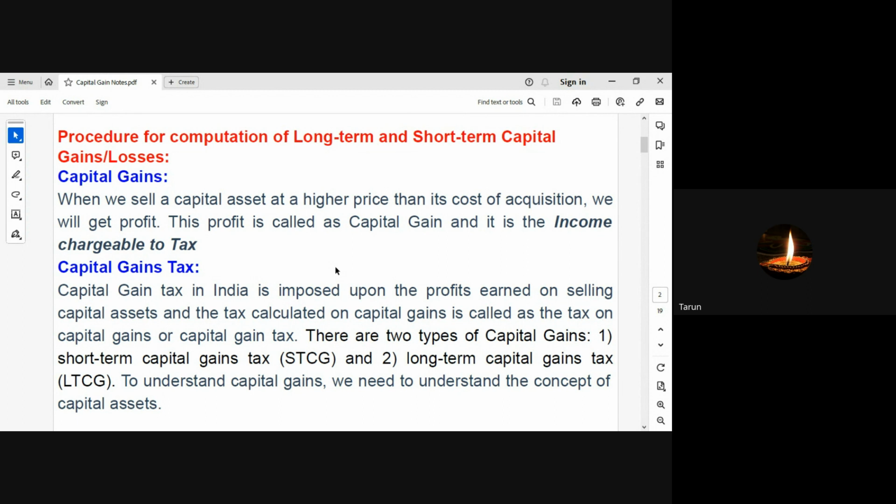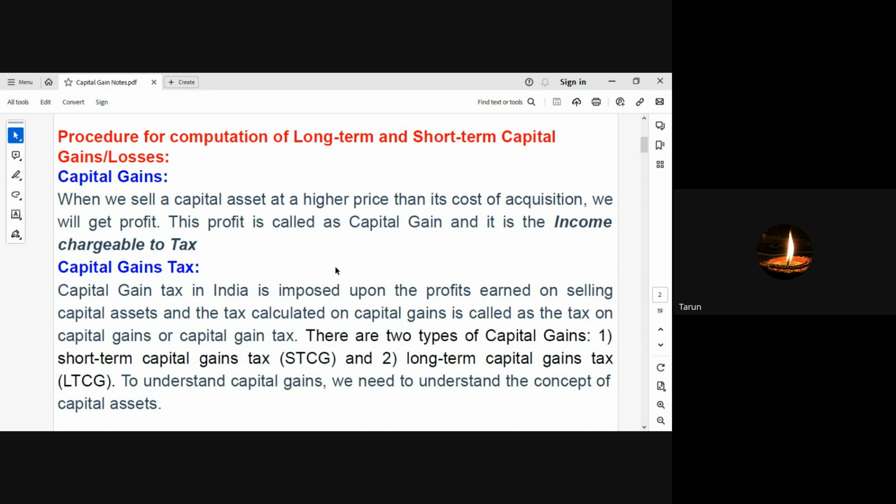So the tax imposed by the income tax authorities on the capital gain, that means the profit you have earned on selling a particular asset, which is chargeable to tax, is called the capital gain tax.